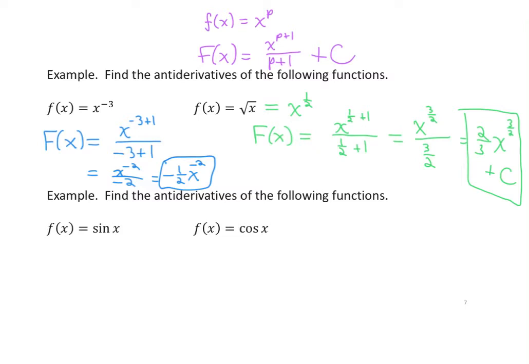Let's take a look at some trig functions now. So let's say there's some function where you take the derivative and you end up with sine x. Well, we know that when we take the derivative of cosine x, we're going to end up with negative sine x.